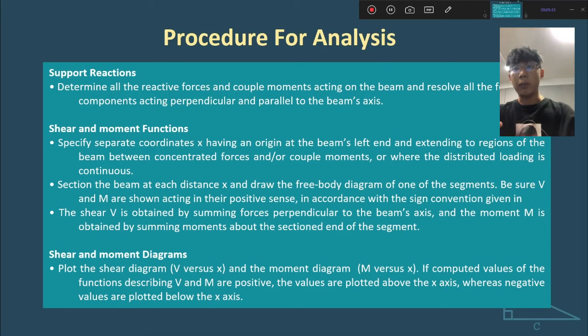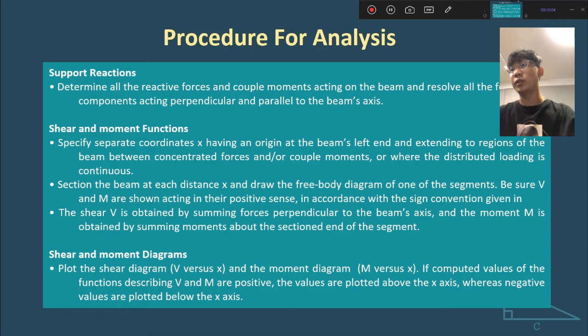For the shear and moment functions, we first specify separate coordinates x having an origin at the beam's left end and extending to regions of the beam between concentrated forces and/or couple moments, or where the distributed loading is continuous. Then section the beam at each distance x and draw the free body diagram of one of those segments.